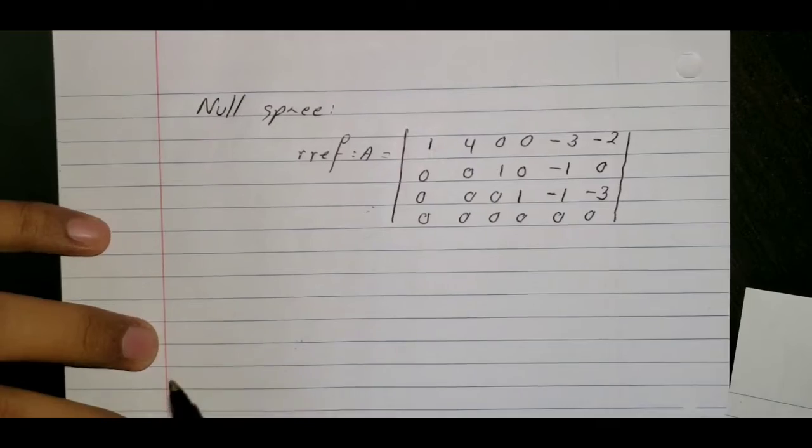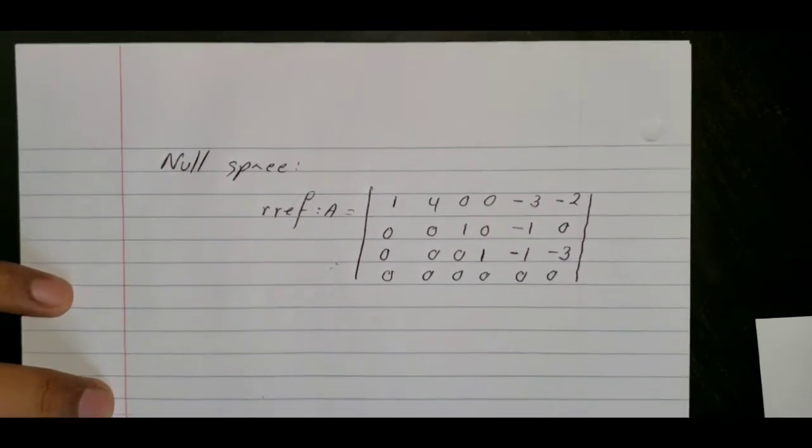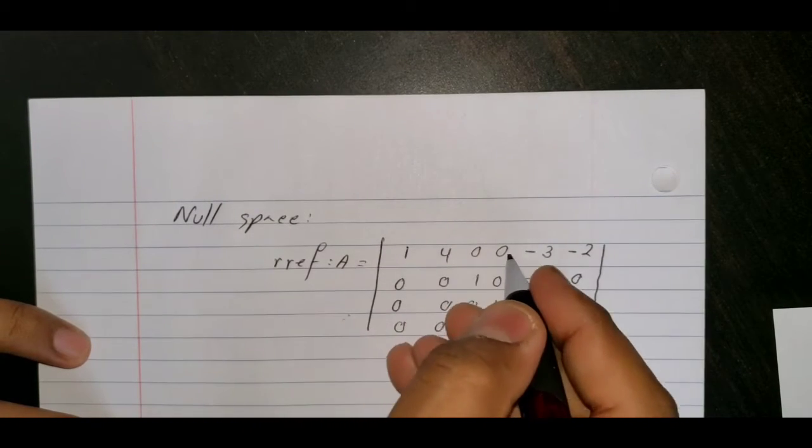How to find that? The way I find it is this. For example, you have the rows here, and the columns. So there are 4 rows and 6 columns.